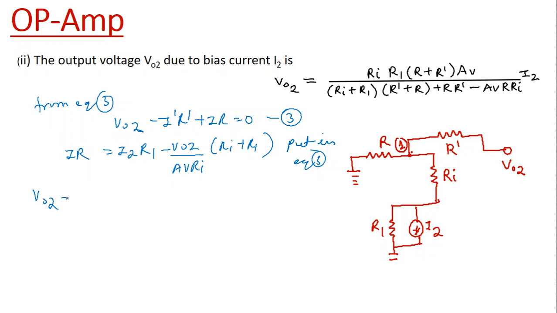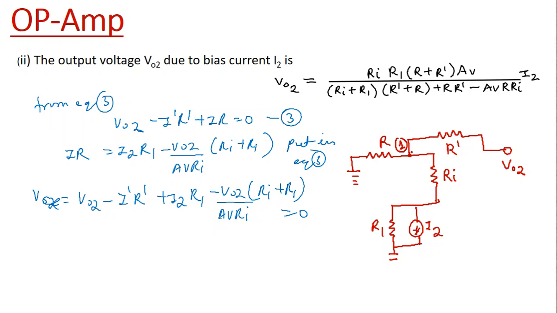Then we get VO2 minus I dash R dash, then IR is there, plus I2R1 minus VO2 divided by AVRI into (RI plus R1) is equal to 0. This we are getting.